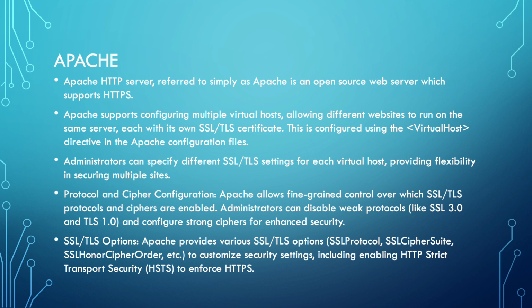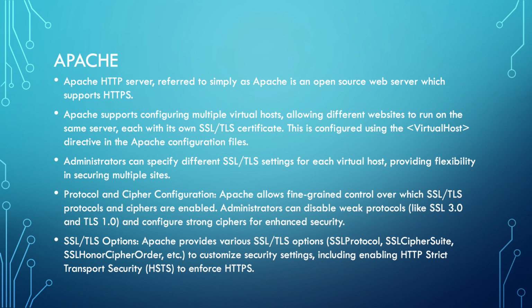And also, you have a protocol and cipher configuration, which allows you to fine-tune SSL and TLS protocols and ciphers that are enabled. Now, administrators can disable the weak protocols like SSL 3.0 and TLS 1.0, and then configure strong ciphers for enhanced security. This is one of the hardening techniques that I will talk about and mention in later slides.